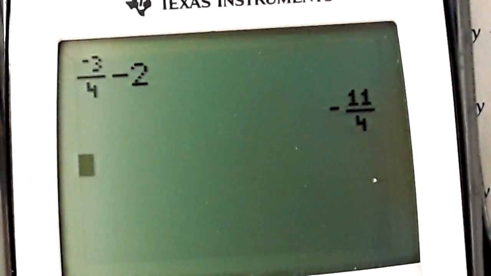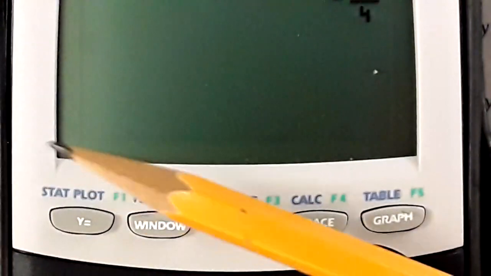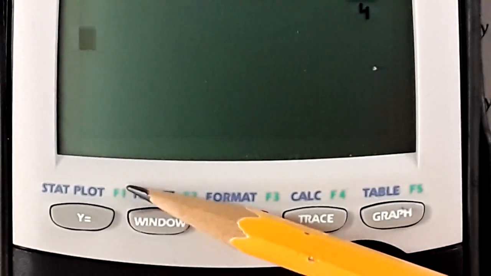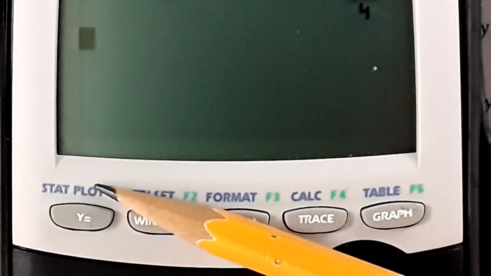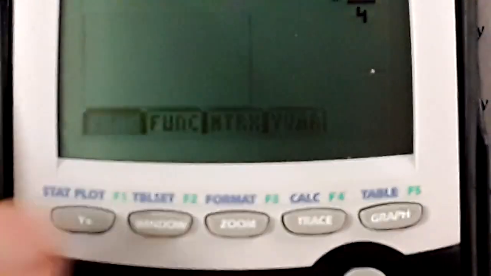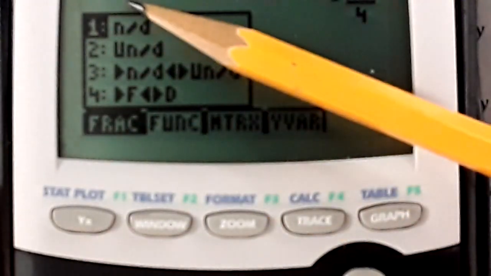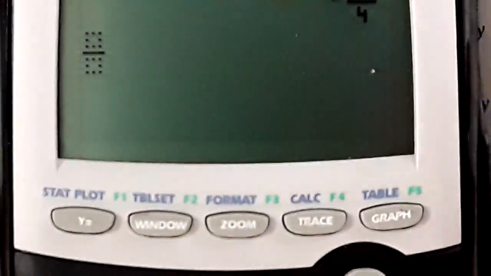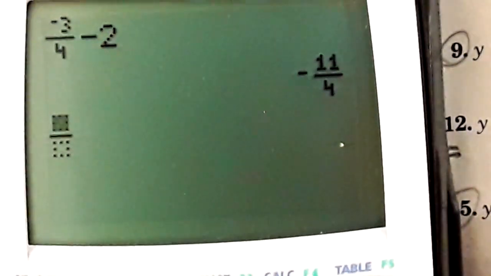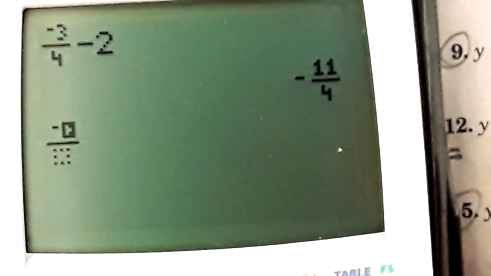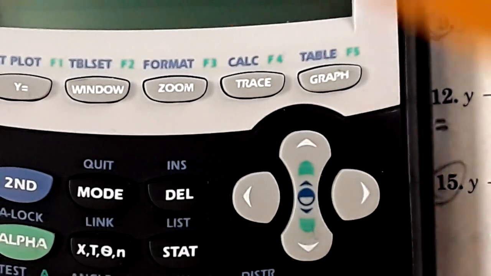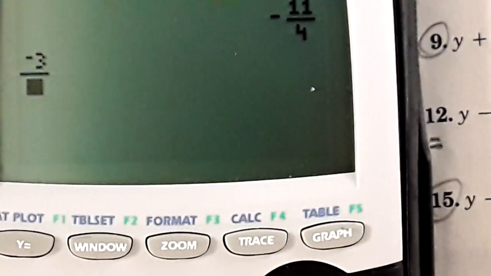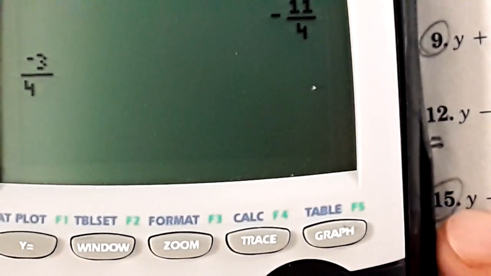And you need to use the F1 key, which is right here. The F1 key is in green. So you need to do alpha y equals, to get your F1 key. Choose the first one because that's your fraction. And then learn how to put negative 3/4. So the negative sign is at the bottom, negative 3. And then arrow down, use your arrow key to arrow down to the denominator, put a 4, then arrow to the right.